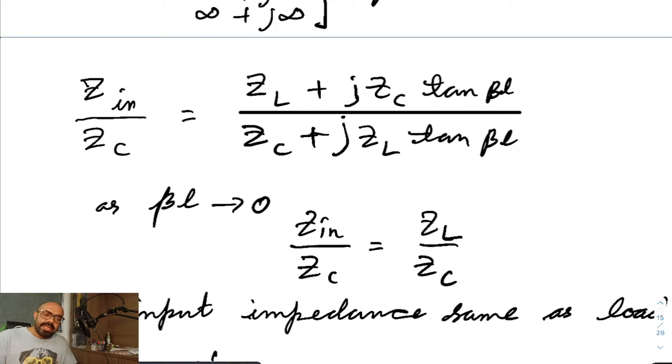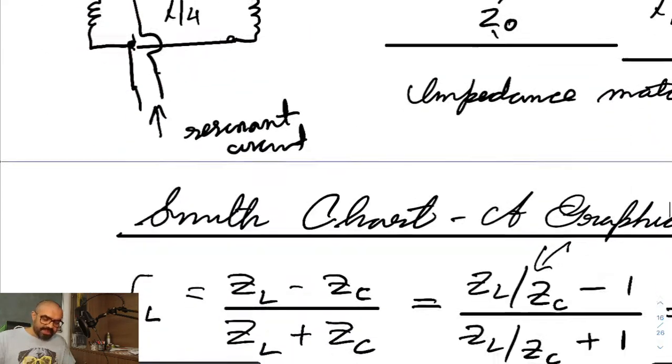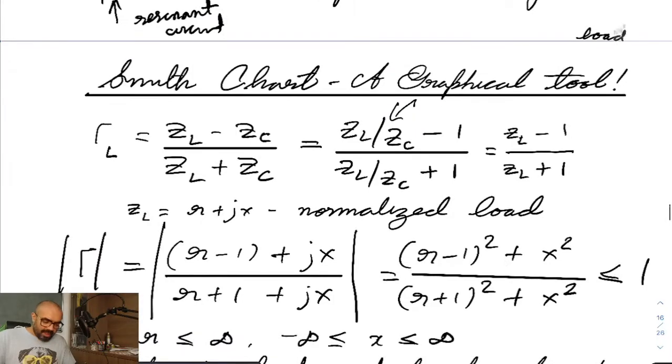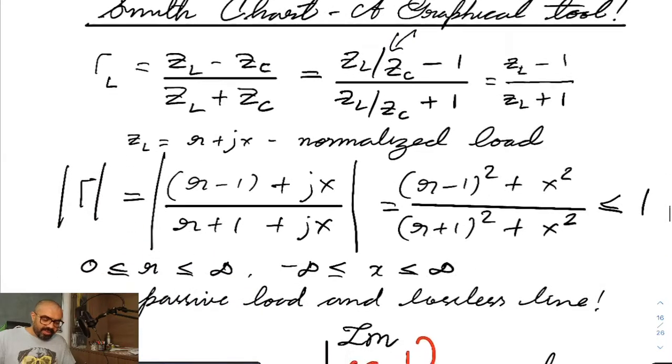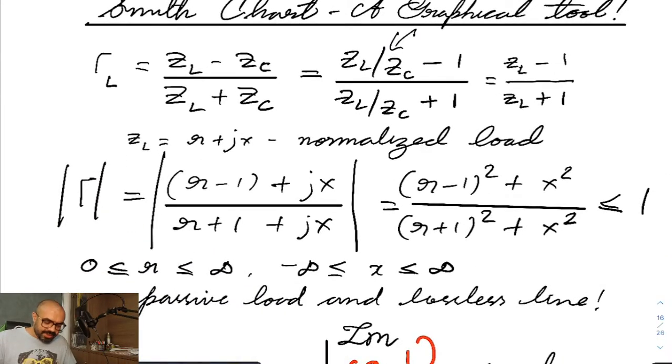Thus, there is a need for a graphical way to think about wave based phenomena. And specifically for microwave circuits, this was done by an engineer called Smith a long time ago.